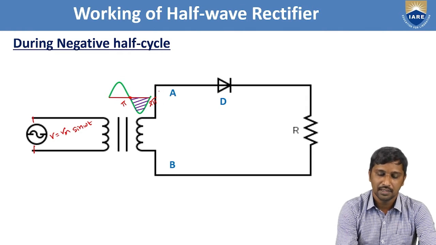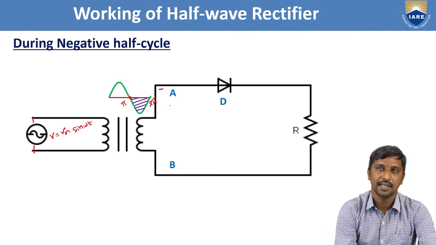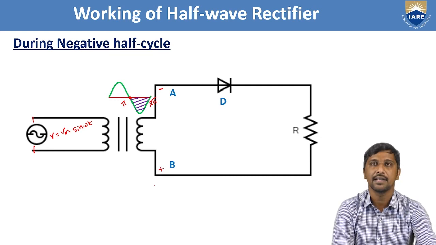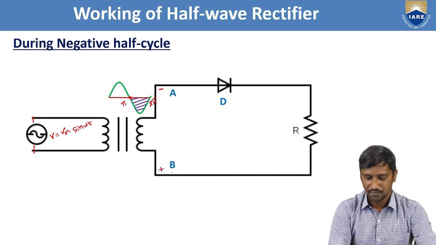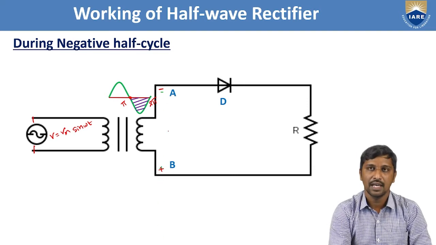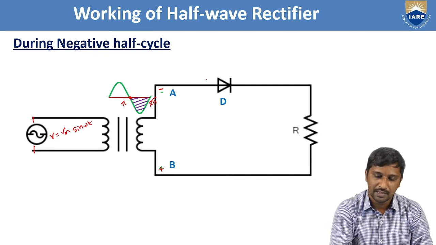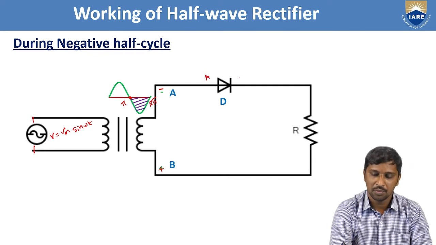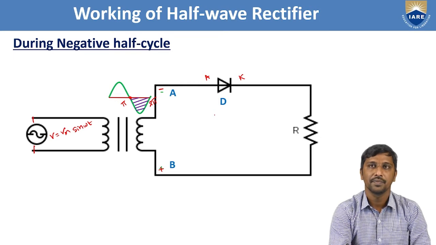Here the negative polarity is connected toward the diode, and the positive node is connected at the other end. So this point is represented as negative polarity, and here it is positive. Coming to this diode, this is the anode and this is the cathode.